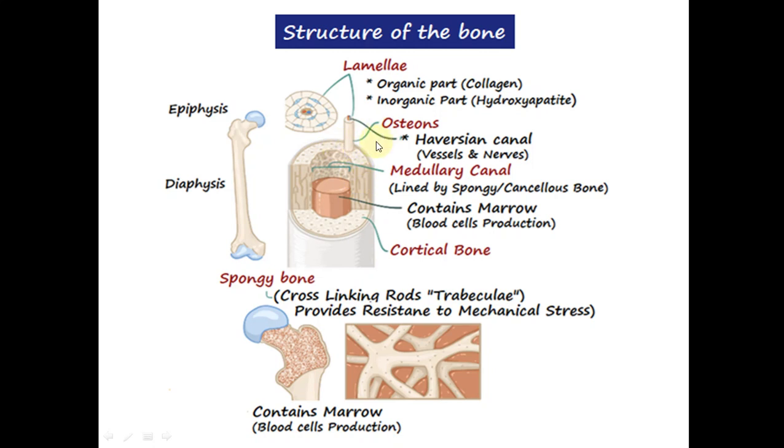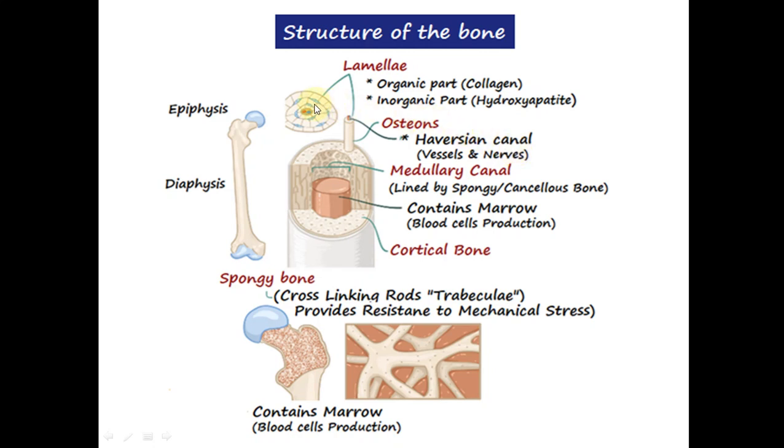The functional unit of the lamellar bone is the osteon, and these osteons are pillar-like structures with a central canal known as the Haversian canal, which contains blood vessels and nerves.